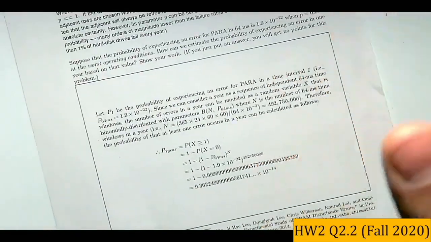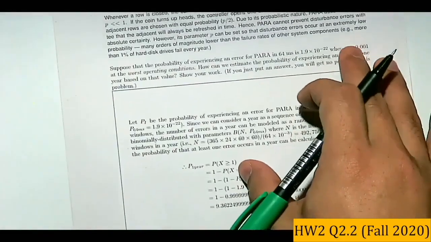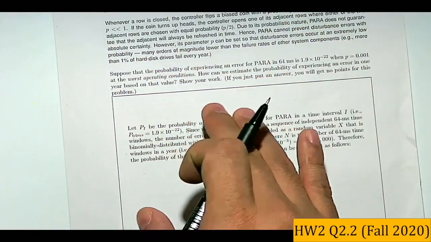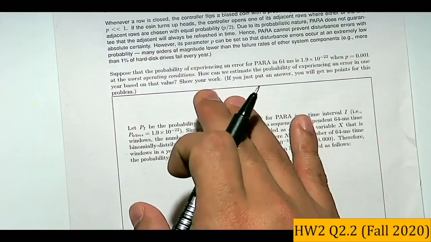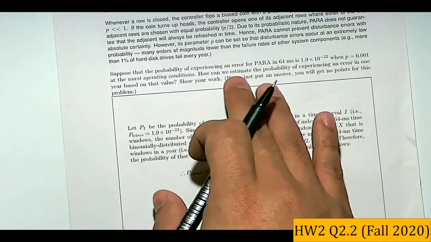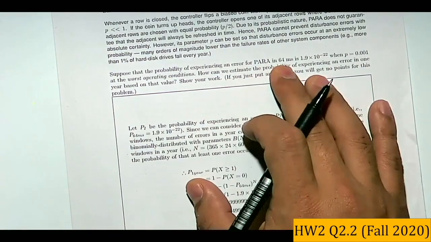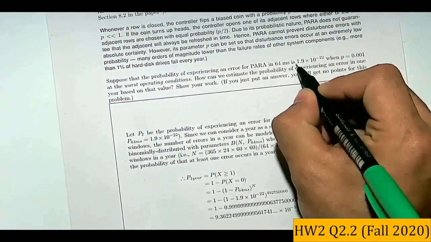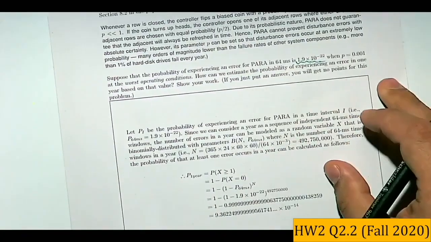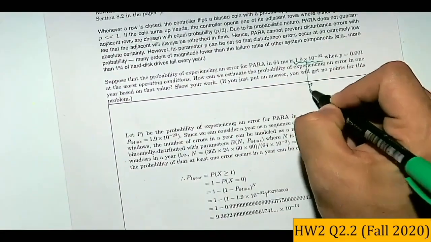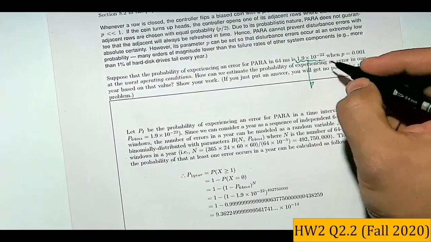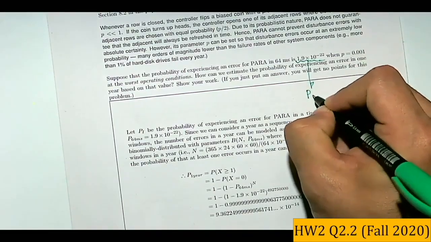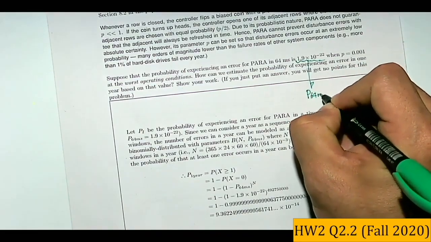We know the probability for PARA to experience an error in 64 milliseconds, which is very small. Let's call this P64 millisecond.